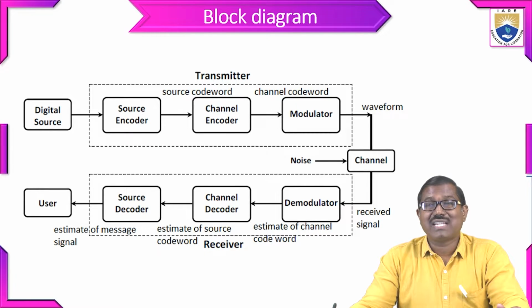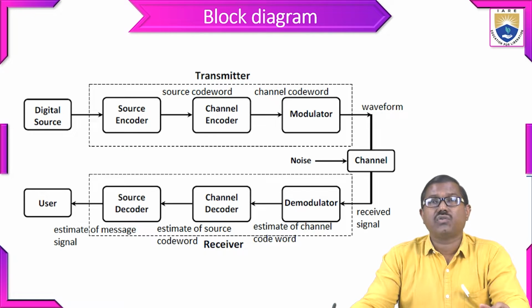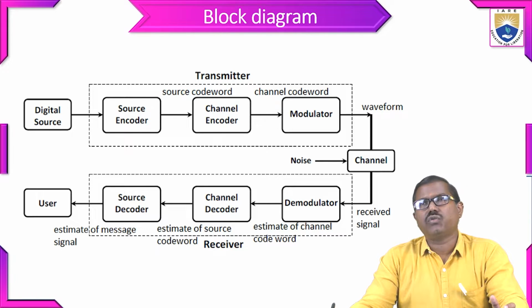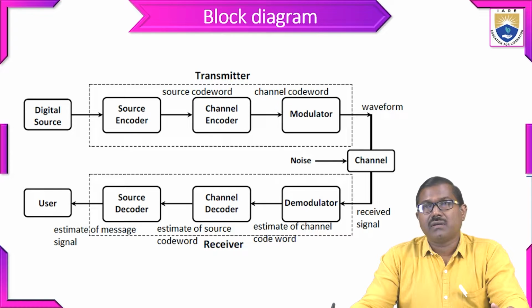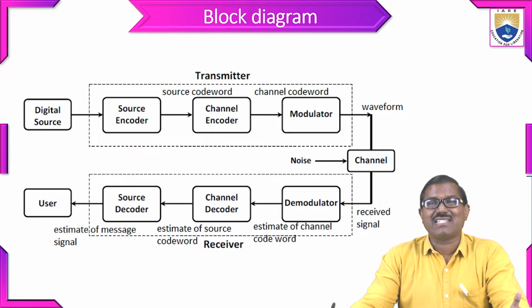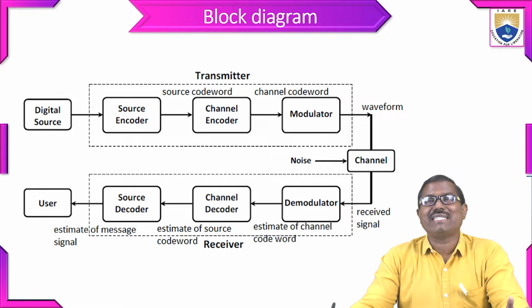The channel code word contains more bits than the source code word. Why? Because the source encoder removes the redundancy, but the channel encoder adds redundancy. By using this redundancy in the channel encoder, we may detect the errors and correct the errors.